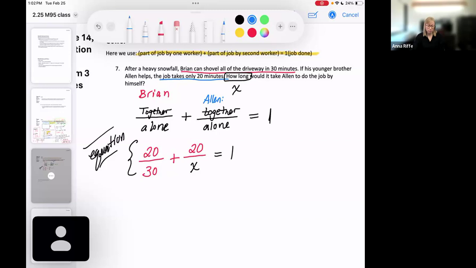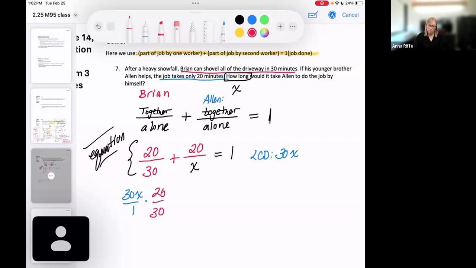This is a rational equation, so we solve those by figuring out what our least common denominator is. In this case, that least common denominator is 30x. So I'm going to multiply all terms by 30x times 20 over 30.